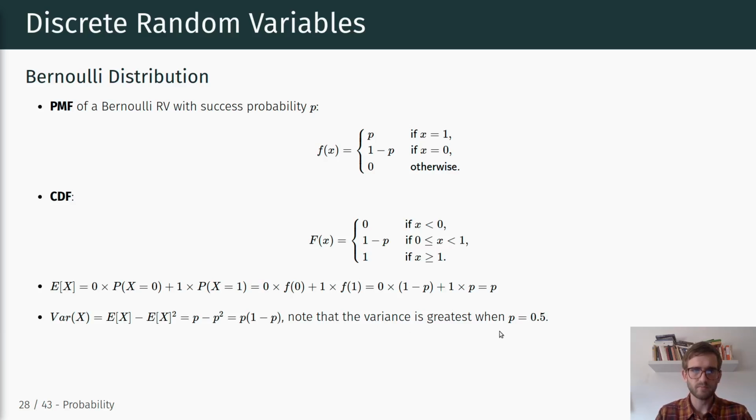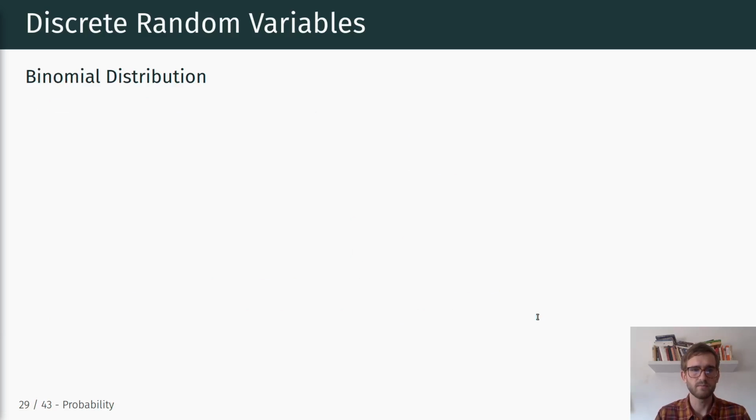So the variance is always p times 1 minus p for a Bernoulli trial, and note that this implies that the variance of a Bernoulli random variable is greatest when the probability is equal to 0.5.